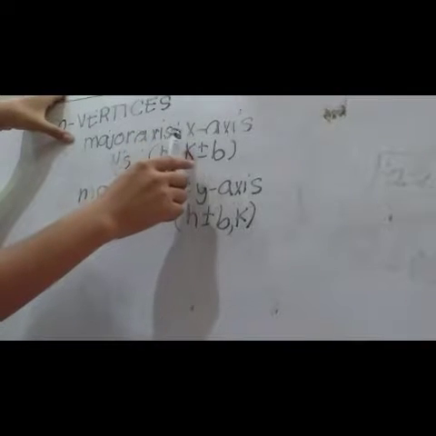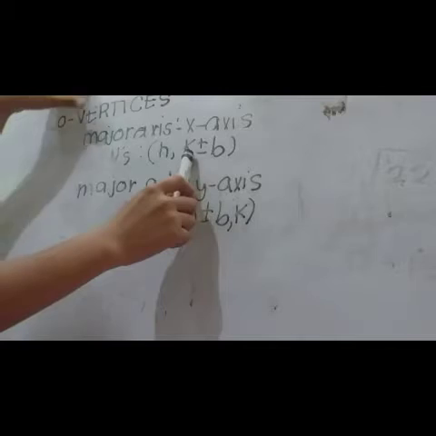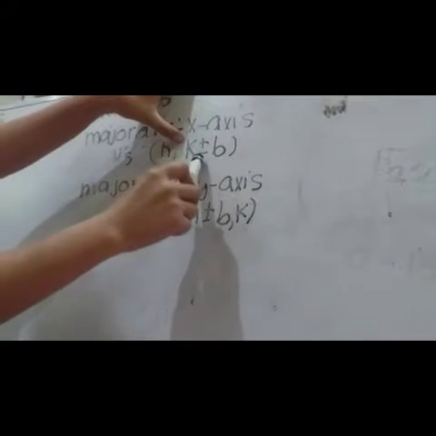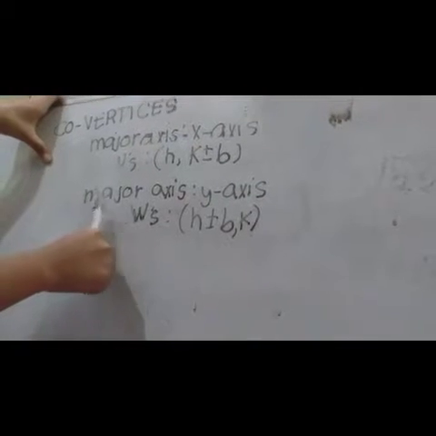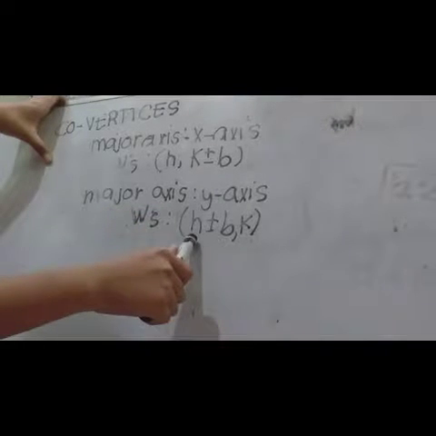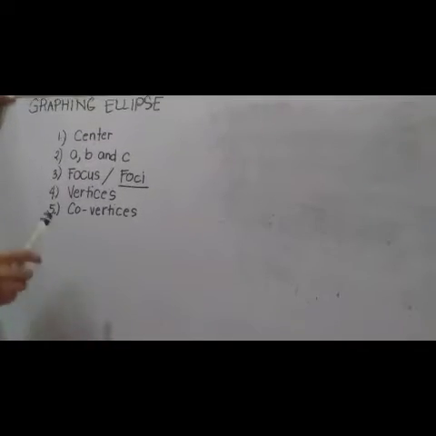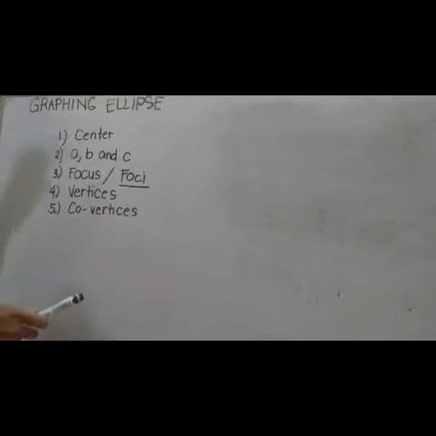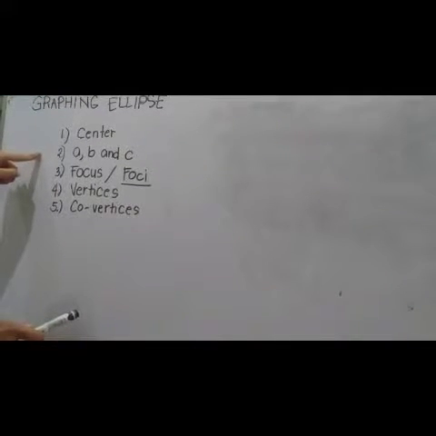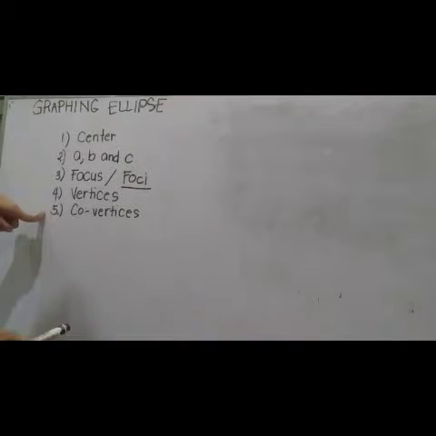Since our major axis is the x-axis, we put the B on the y-axis, or the vertical axis. The same with the y-axis major axis: we put the B on the horizontal axis. Since we already know how to find the center, A, B, and C, the foci, the vertices, and the co-vertices, let's now move on to the example.